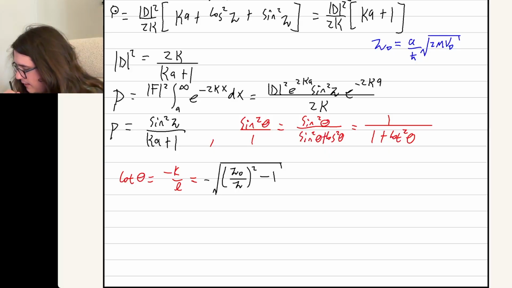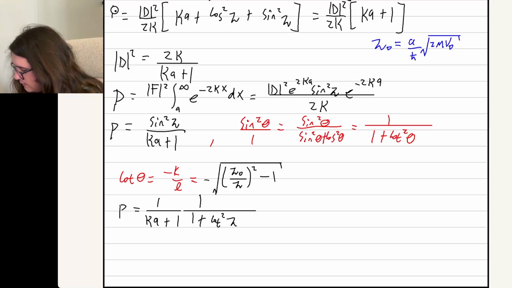So putting that all back into the probability, we still have the 1 over kappa A thing. That's not going to go away immediately. But then we have 1 over 1 plus cotangent squared z. And this is actually z here.